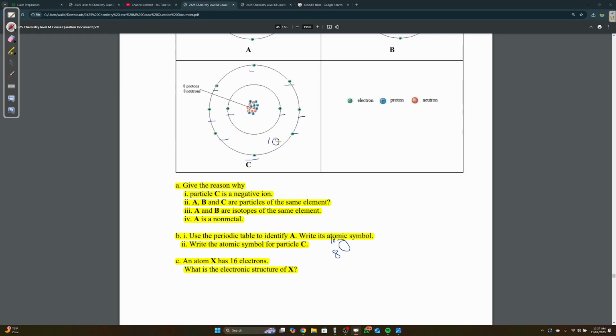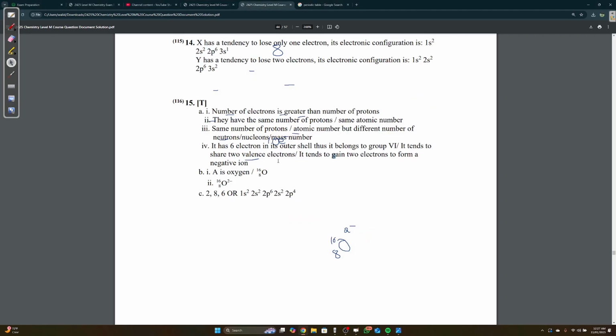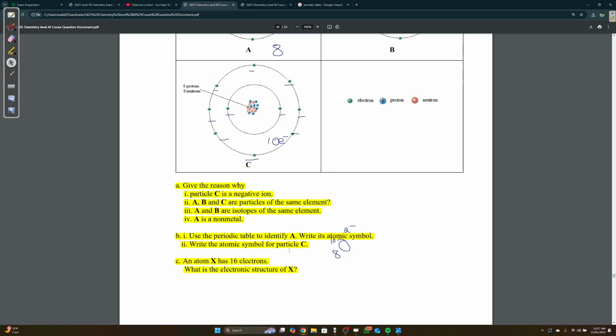It has 10 electrons, but the original amount of electrons is 8. So how many did it gain? It gained 2. And when you gain 2, that means your charge is negative. Up here, I forgot to write its atomic symbol. Of course, the atomic symbol will just be like this.